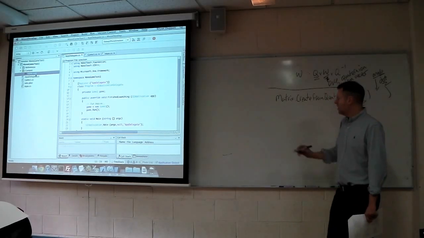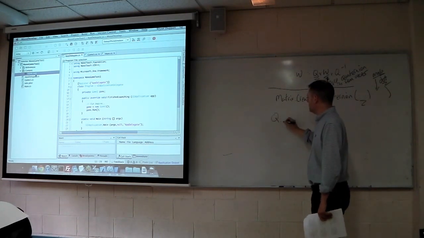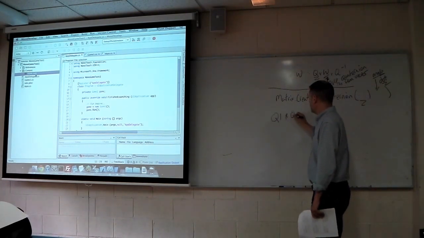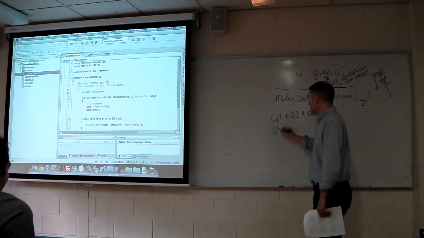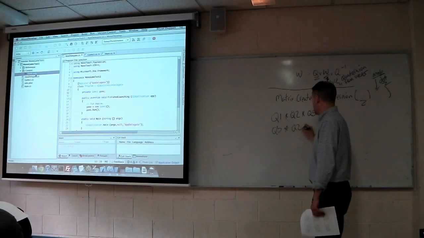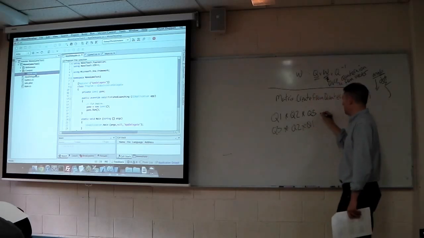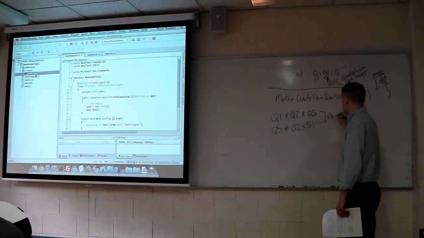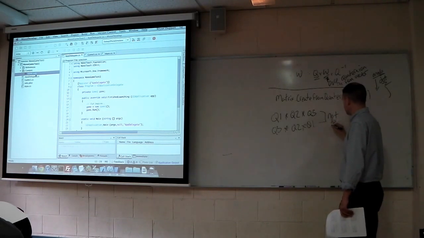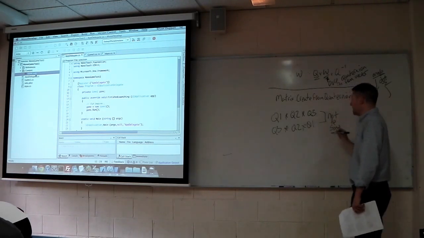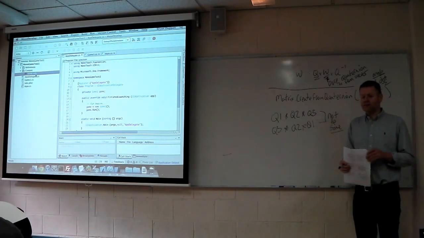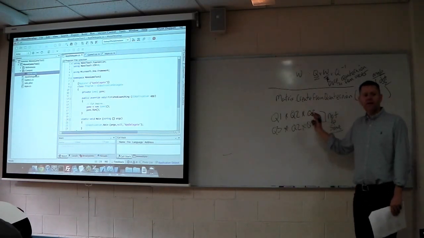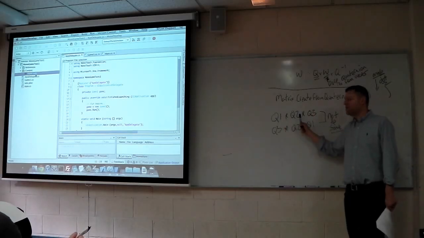So if Q is a quaternion, Q1 multiplied by Q2 multiplied by Q3 is not the same as Q3 multiplied by Q2 multiplied by Q1. And there's the answer to that other question: you combine quaternions in the same way that you combine matrices, by multiplying them together. This is the effect of doing this rotation followed by this rotation followed by this rotation.